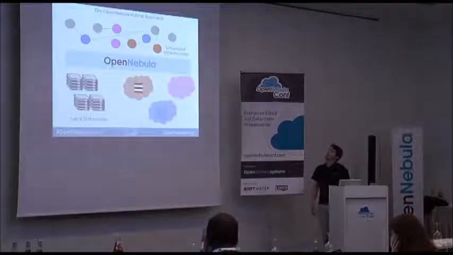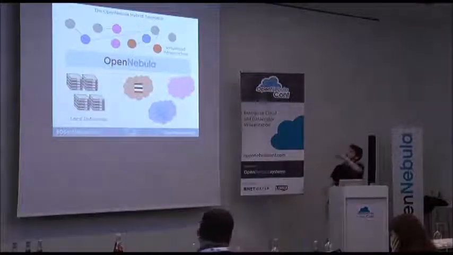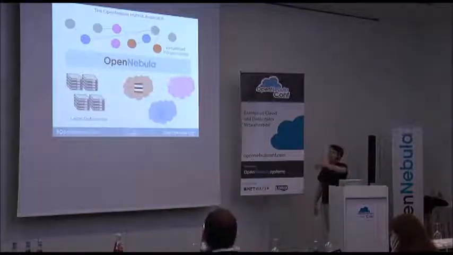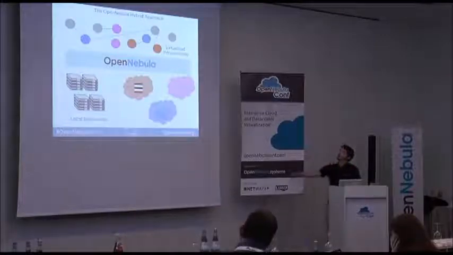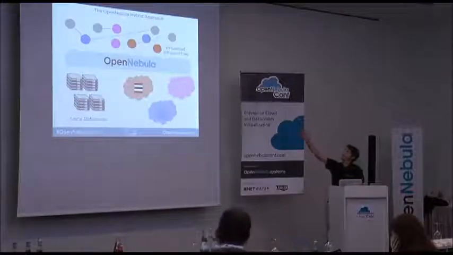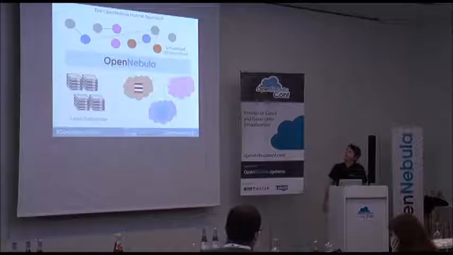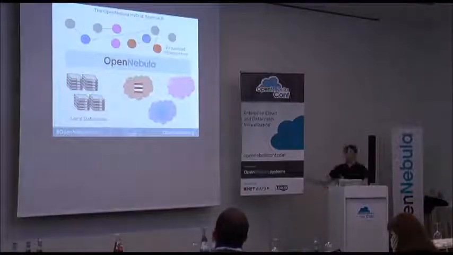On top of that, you create a virtualized infrastructure, which are basically interconnected VMs that, as you can see, can be living in different clouds, and they are connected through ad hoc VPN, for instance.